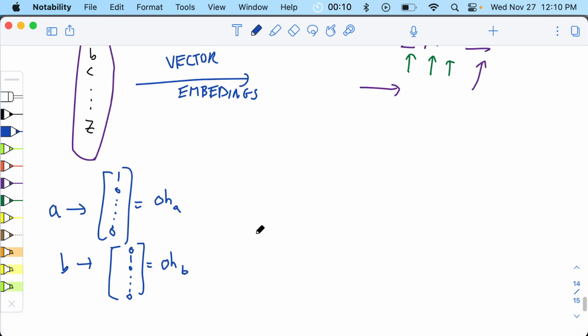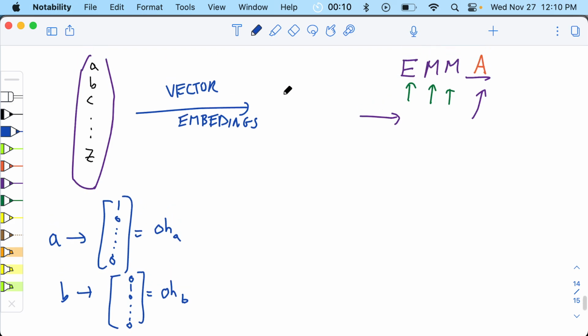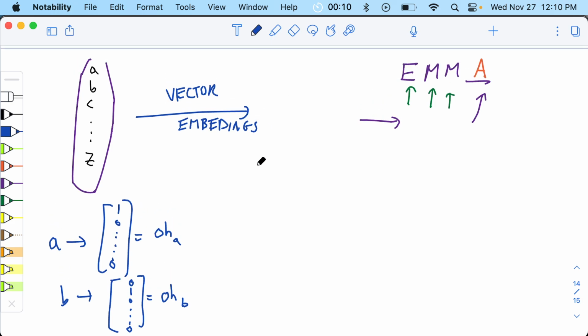So you can take the letters and very mechanically turn them into one-hot vectors, and then you can get the vector embedding by doing matrix multiplication. If you have a vector embedding matrix, then it's going to be 26 by whatever dimension you want. So this is the embedding dimension.